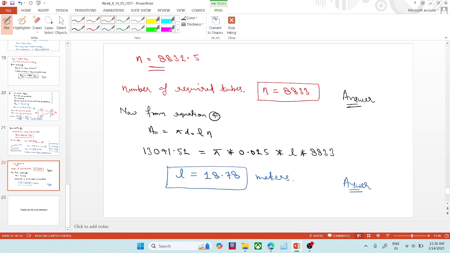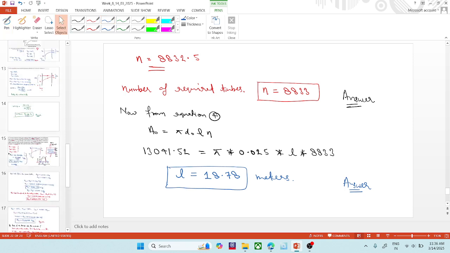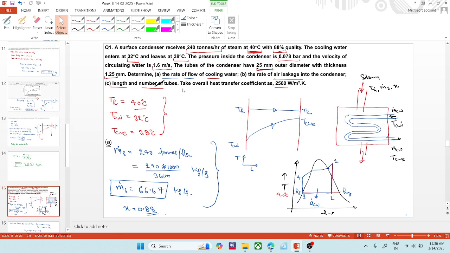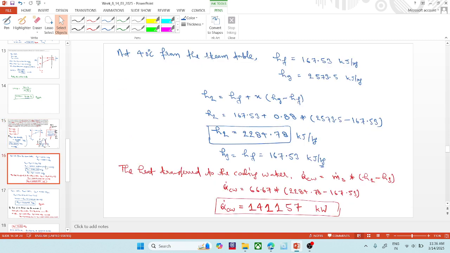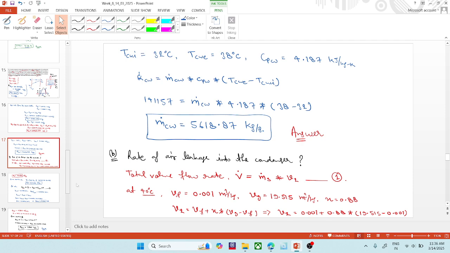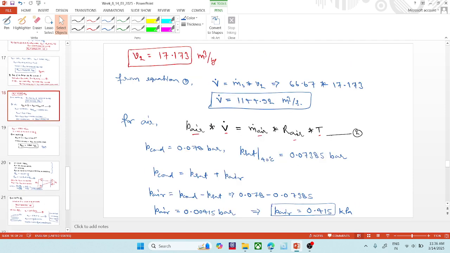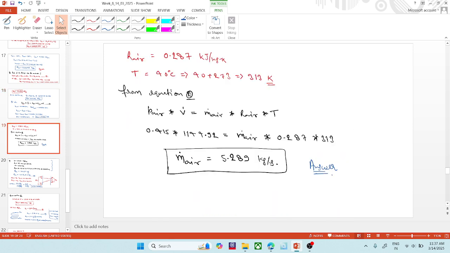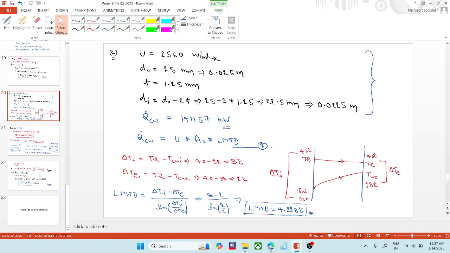So here, in part A, they asked to determine the rate of cooling water, and we determined that by the heat balance only. Then we had to determine the air leakage into the condenser, and we determined it by the simple ideal gas equation. Then in the last problem, we had to design the heat exchanger.